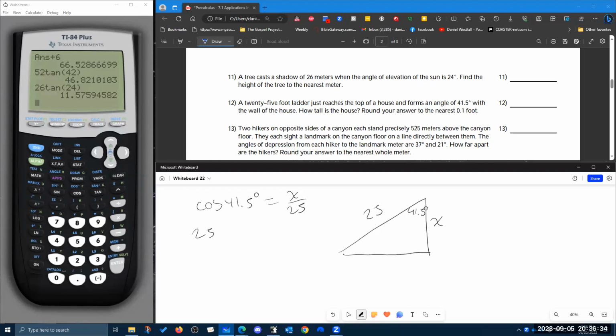So 25 cosine of 41.5 degrees is equal to x. 25 cosine of 41.5. And we're going to round this to the nearest tenth of a foot. So x is about 18.7 feet.